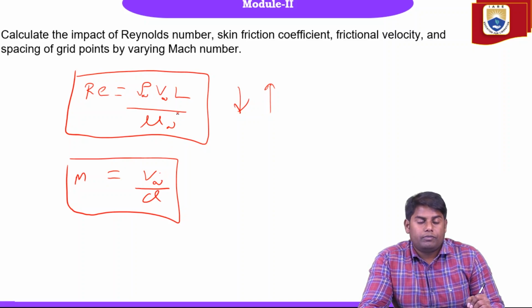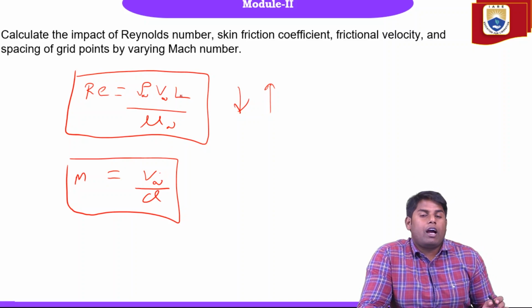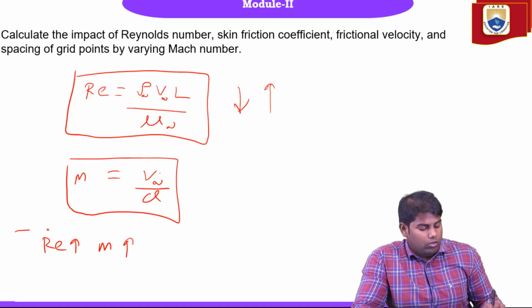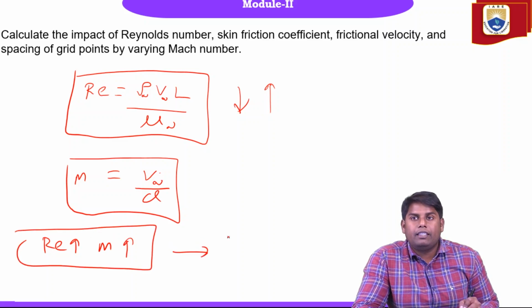Basically, for high Mach numbers, if Re is high and the Mach number is high, let us take this as a supersonic case.